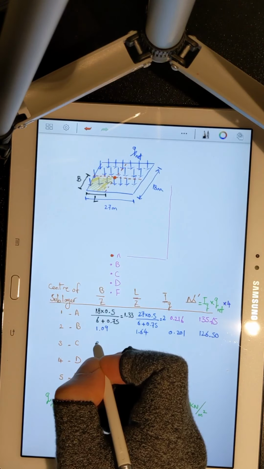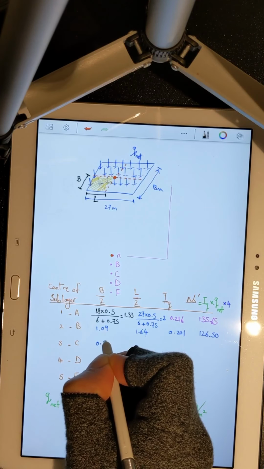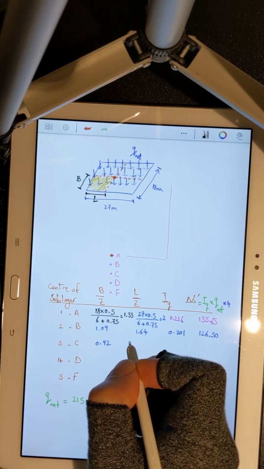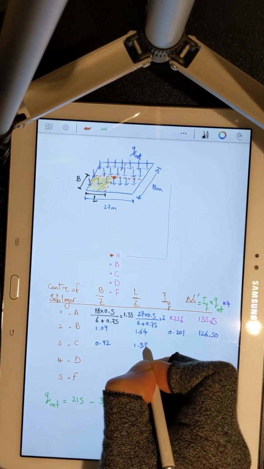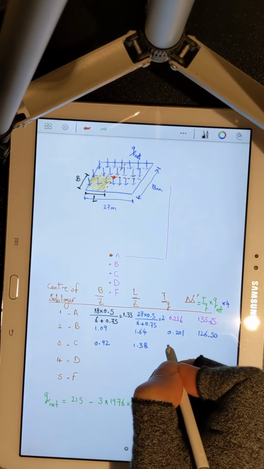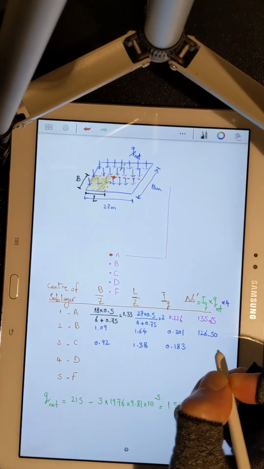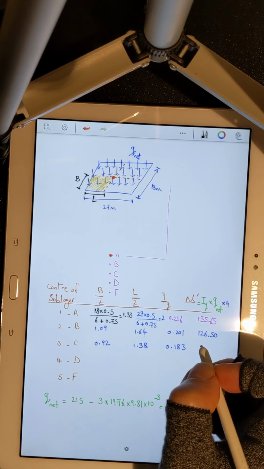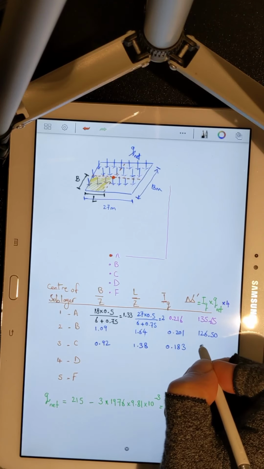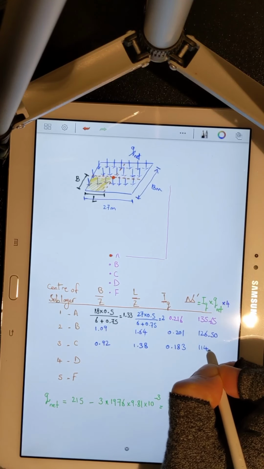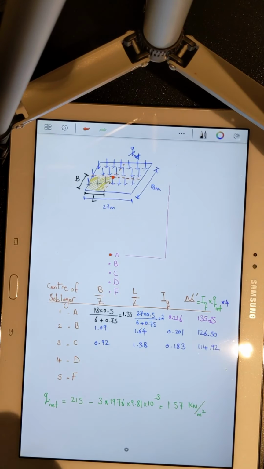For point C in the middle of sublayer 3, 0.92, B over Z, 1.38, L over Z, 0.183, I sub q, and 114.92 delta sigma dash.